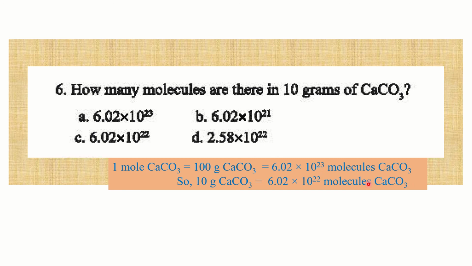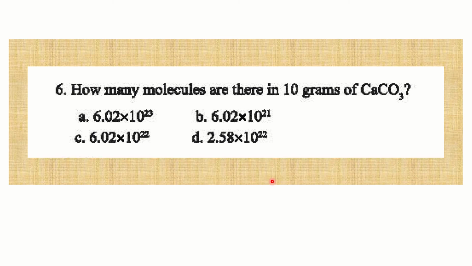That means 10 gram calcium carbonate means this divided by 10, it will come 6.02 into 10 to the power 22 molecules calcium carbonate. It is our C number option. So the answer will be 6.02 into 10 to the power 22.